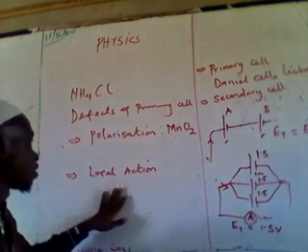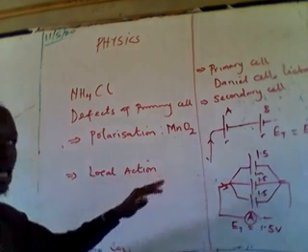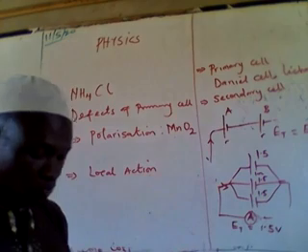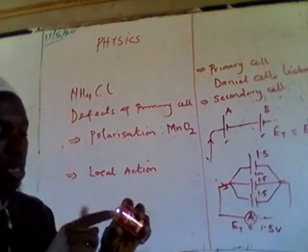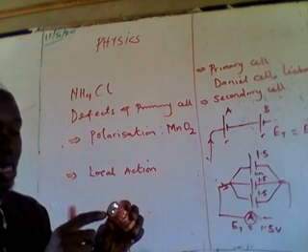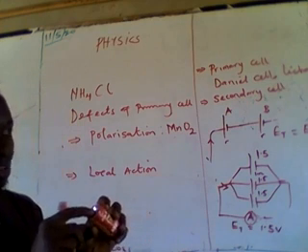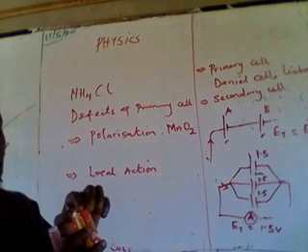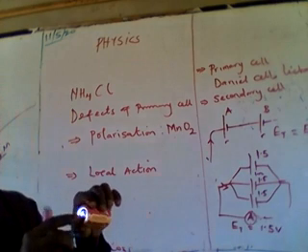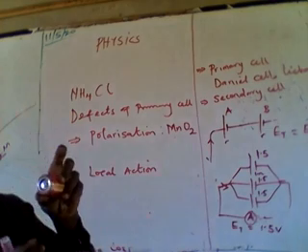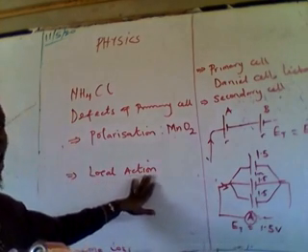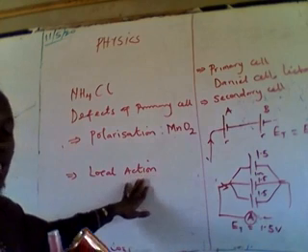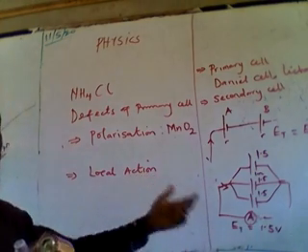And then the other defect of the primary cell is the local action. Now, when we have something that reduces the contact of the primary cell at the negative terminal, the cathode as I am holding now, that action is called local action. And how do we correct that is the process of amalgamation.